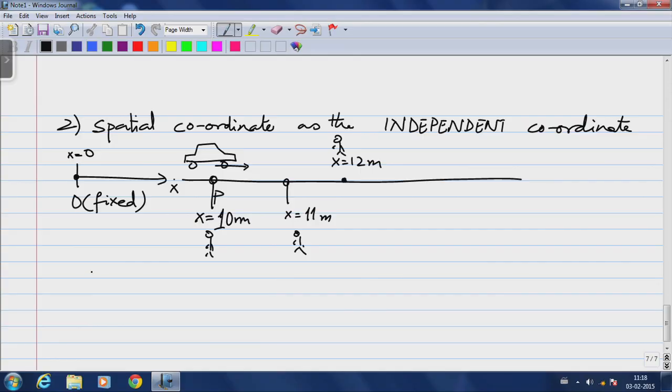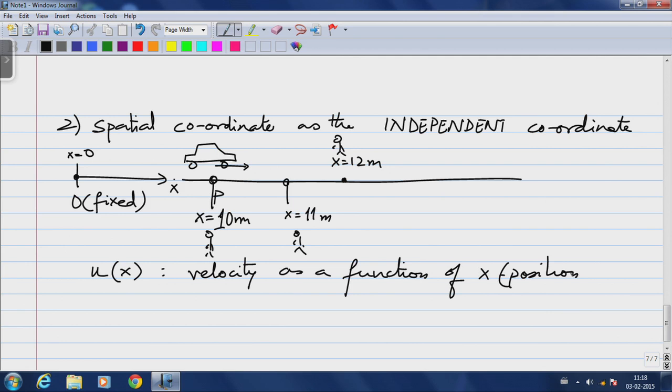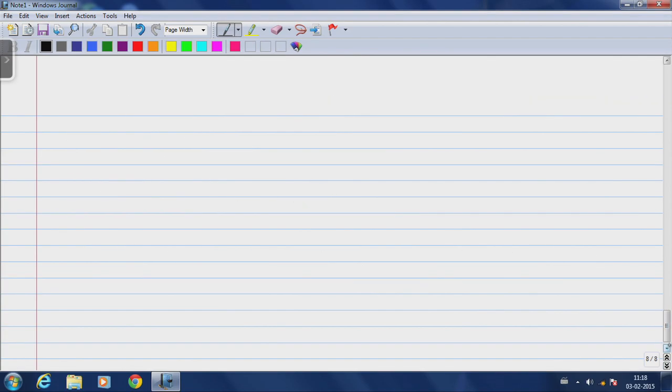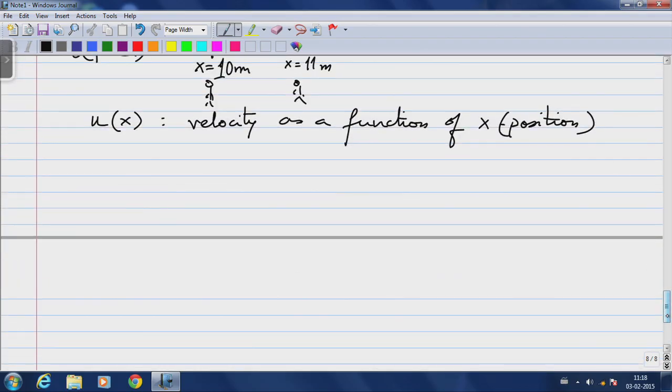So, if I know u as a function of x, which is basically the velocity as a function of position, how do I get the acceleration? So, this goes back to our basic definition of what acceleration is.